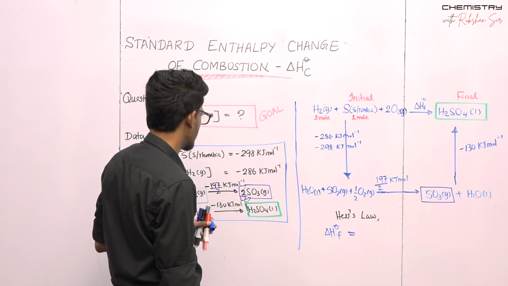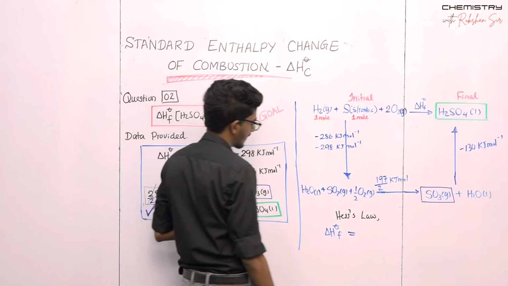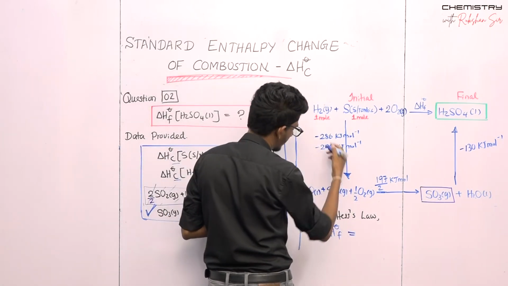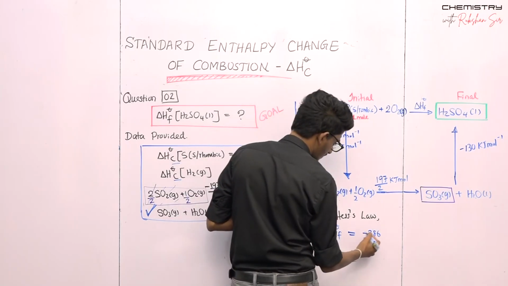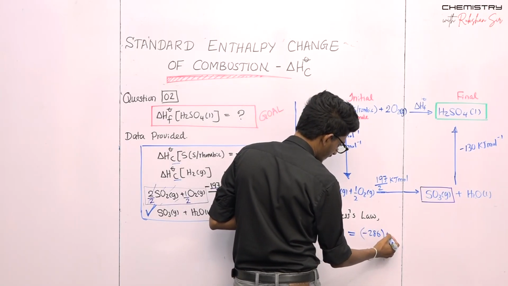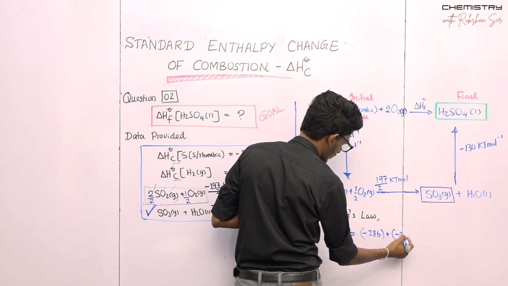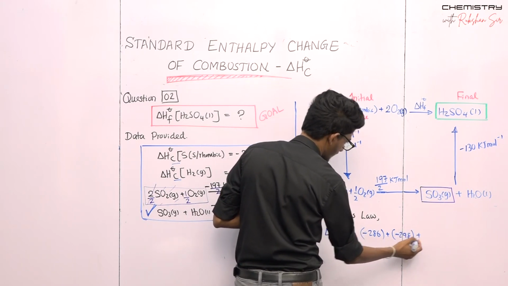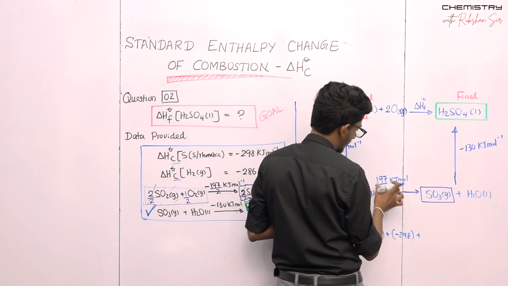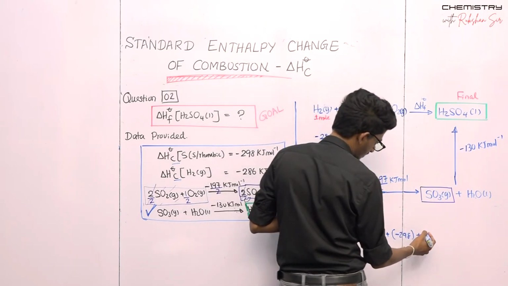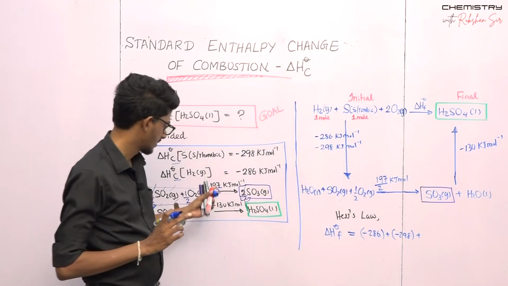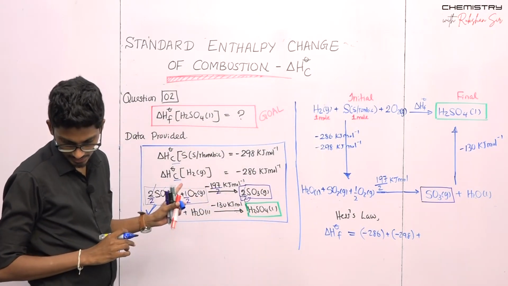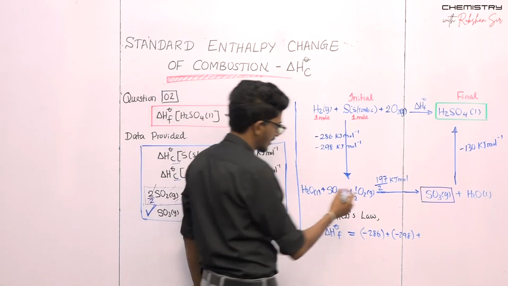Okay. So let's add these values. Minus 286, minus 298, plus this value, 197 divided by 2. Is that a positive value or negative value? It's a minus, no? Yes, it's also a minus value, right?